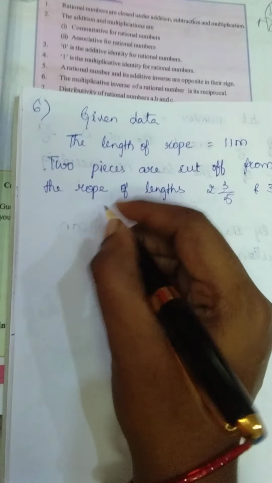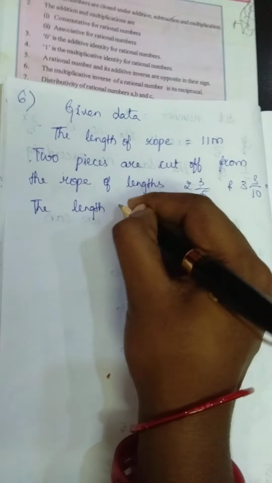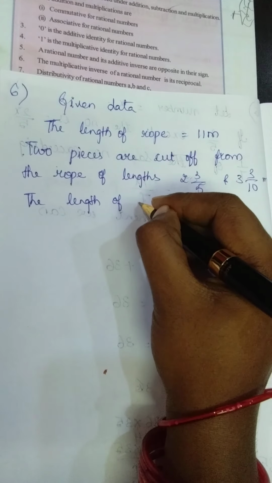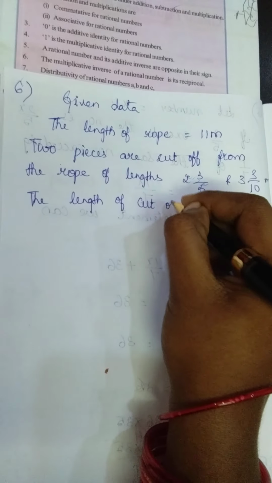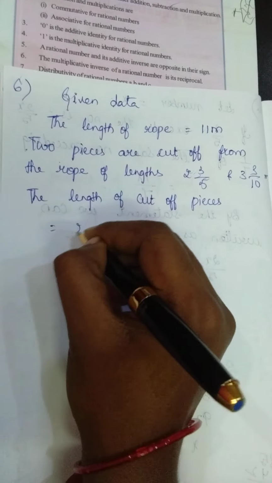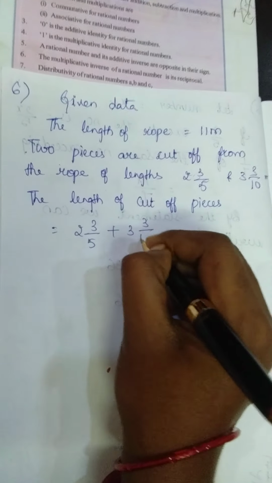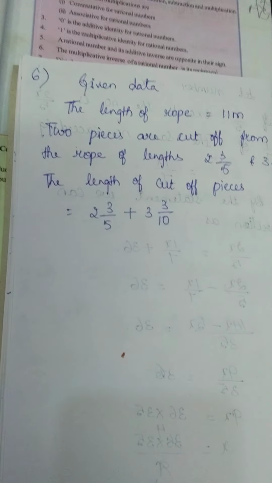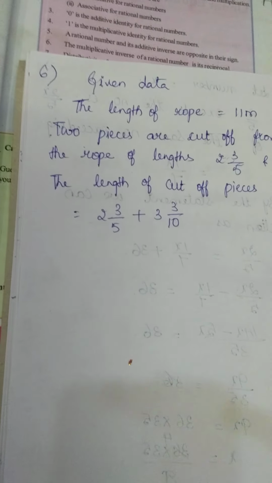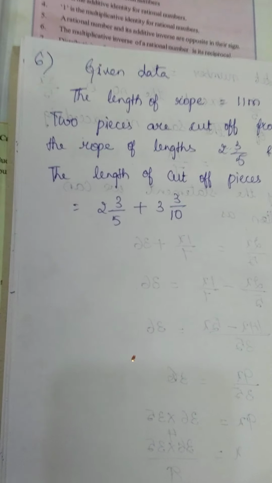Now the length of cut off pieces equal to 2 3/5 plus 3 3/10. Yes or no? If you add these two lengths, after getting the addition, you should subtract this answer from the total length of rope.